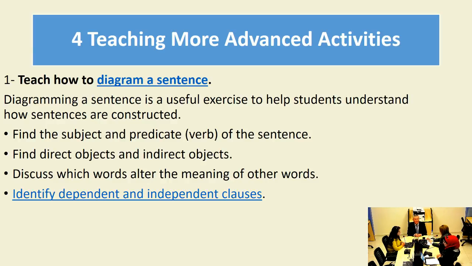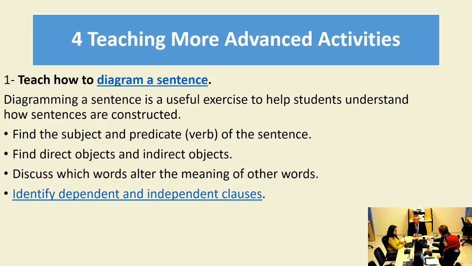Yes. Diagramming a sentence is a useful exercise to help students understand how sentences are constructed. So it's a regular method for the teacher for illustrating parts of the sentence, okay? As you say, verb, noun, and so on.